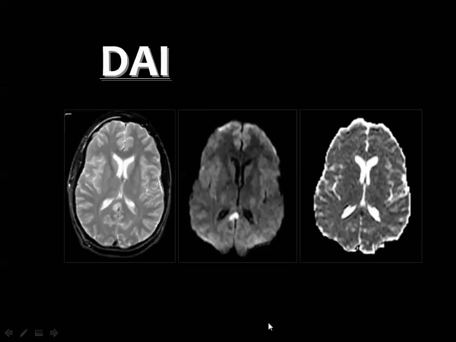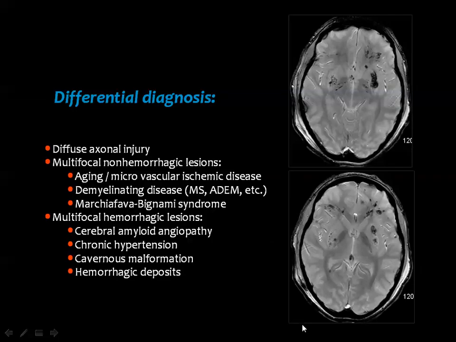And this is an example of a patient with diffuse axonal injury. The lesion is here in the splenium of the corpus callosum with bright signal here, and there is low signal in the ADC map denoting diffusion restriction. Of course, this should not be mistaken for the lesion in the splenium of the corpus callosum previously mentioned because of the history of significant trauma.